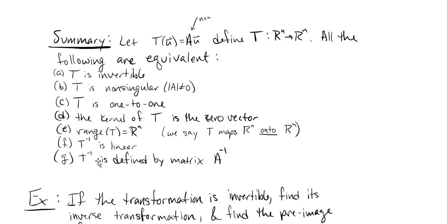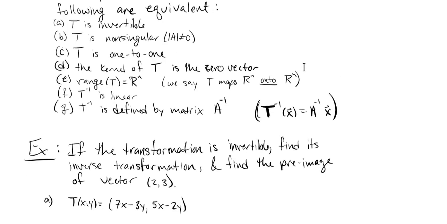In the case that it can be inverted, you're just inverting this matrix and multiplying by that instead.